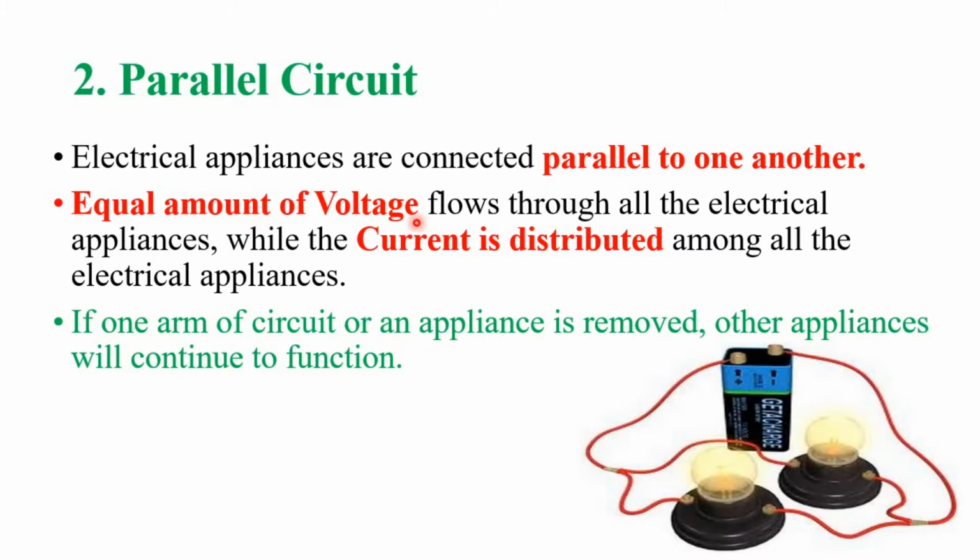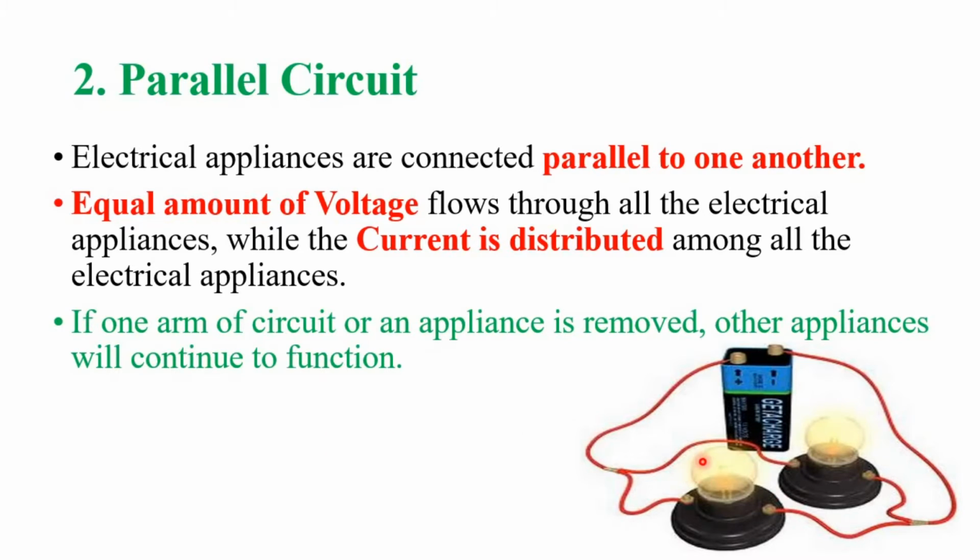And the current will be distributed among the electrical appliances, which means the current which is flowing in the circuit will be distributed among the appliances. If one arm of the circuit or an appliance is removed from the circuit, the other appliances will still continue to function.